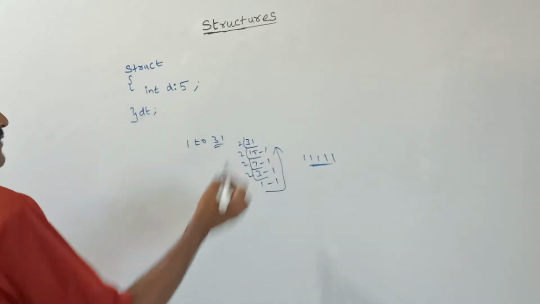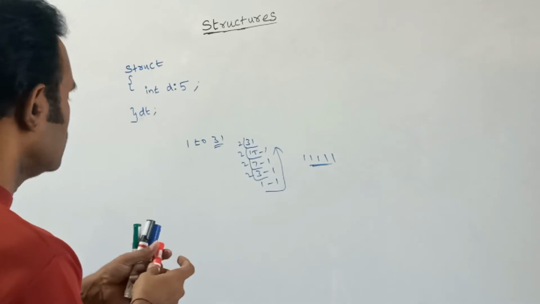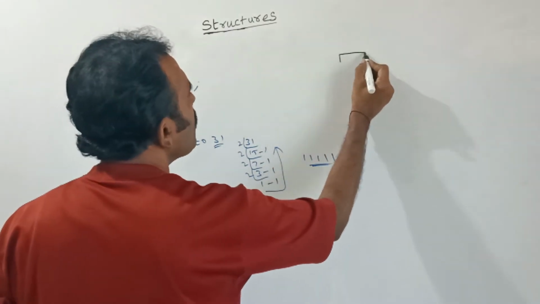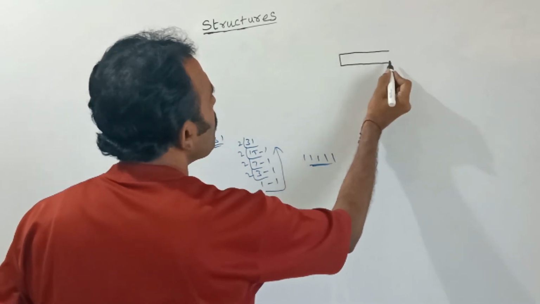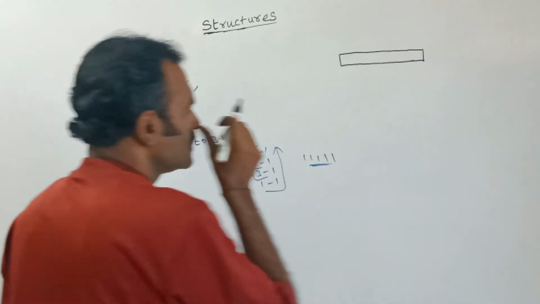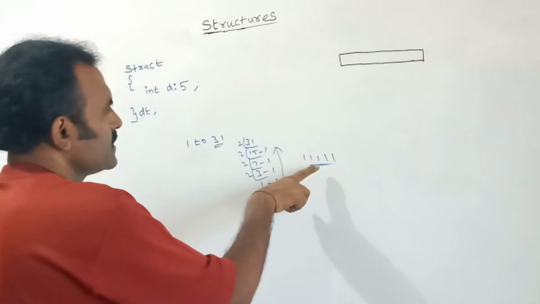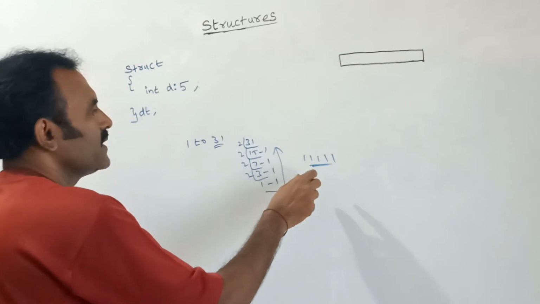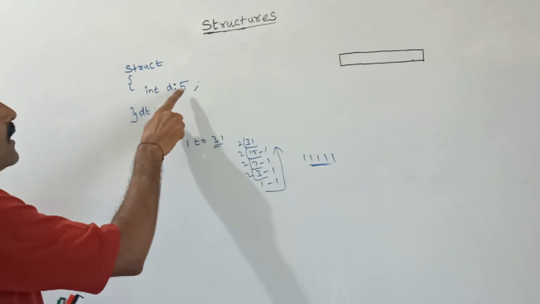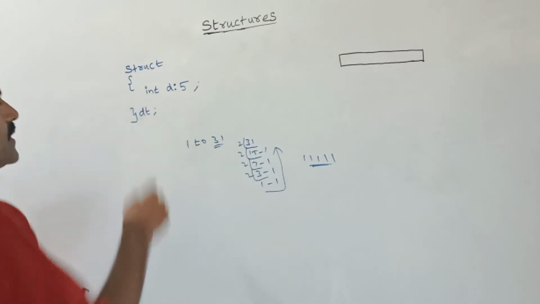Here we require 5 bits. Here not even this 1 byte, because 1 byte is 8 bits, but here I am telling it to align only 5 bits for this structure member D.